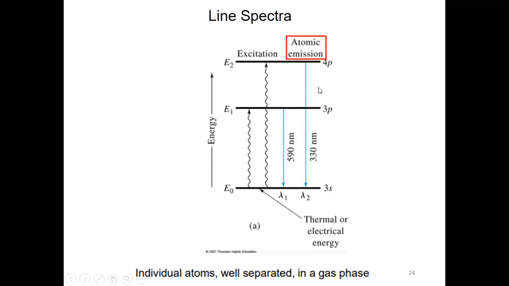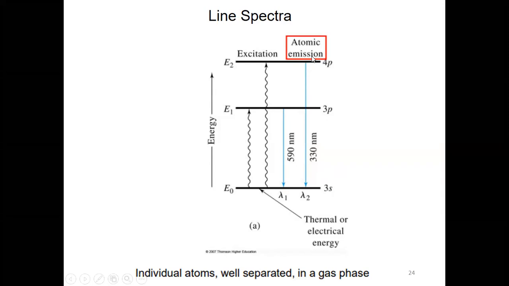For example, it has only transition levels like 3s, 3p. This is from, let's say, sodium. The outer electrons in the sodium atom, not the molecule, anything. This is line spectra for atoms. The atom will absorb energy and go to the excited state, and when it comes back to the ground state, it will emit certain radiation with certain wavelengths.